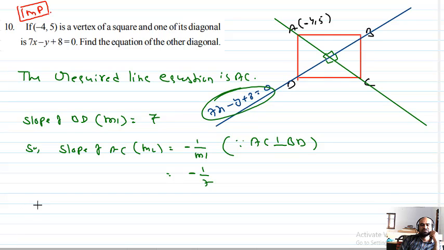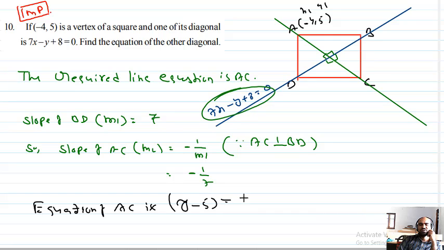Directly, the equation of AC is y minus y1, where this point acts as x1, y1, equals m, which is minus 1 by 7, into x minus x1, that is x plus 4. So 7y minus 35 equal to minus x minus 4.